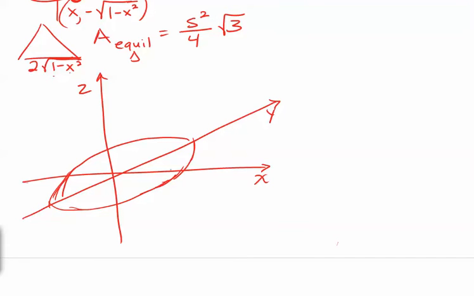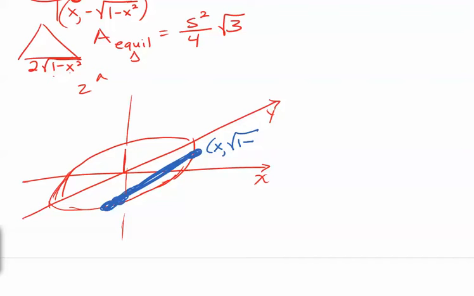We decided that we were going to do cross sections across the x-axis, and we just came up with these 2 points. That point looks like it's on my z-axis, so I'm just going to slide that over. It was just badly drawn. Remember that this blue point over here and this blue point are what we were just working on. So this was our positive square root of 1 minus x squared, and this point was at x comma negative square root of 1 minus x squared.